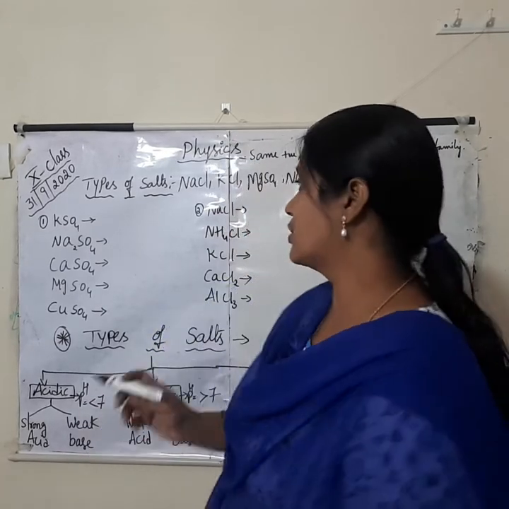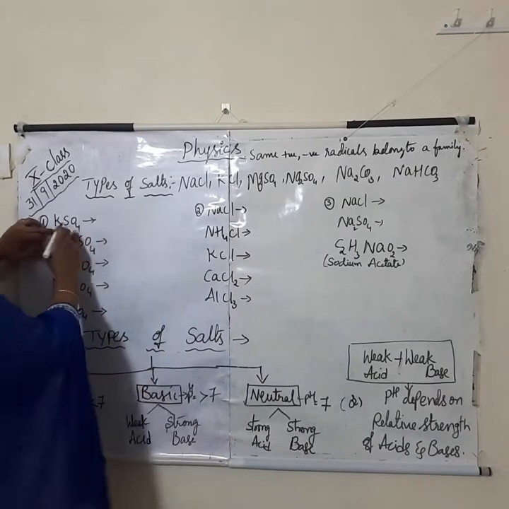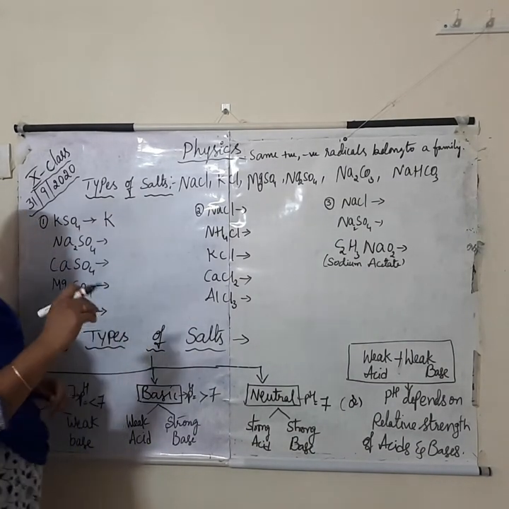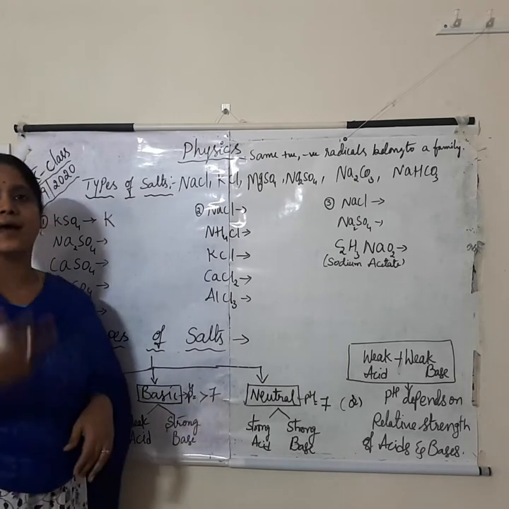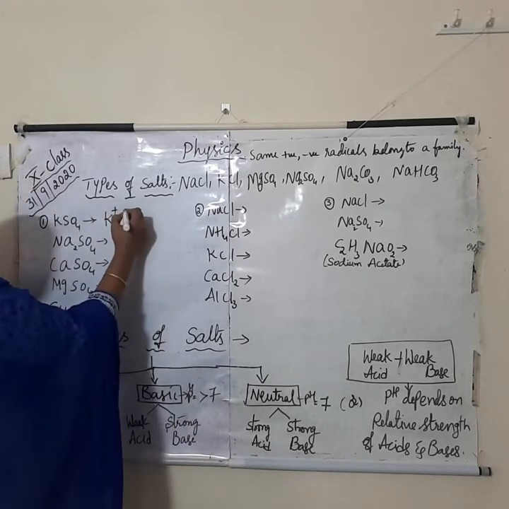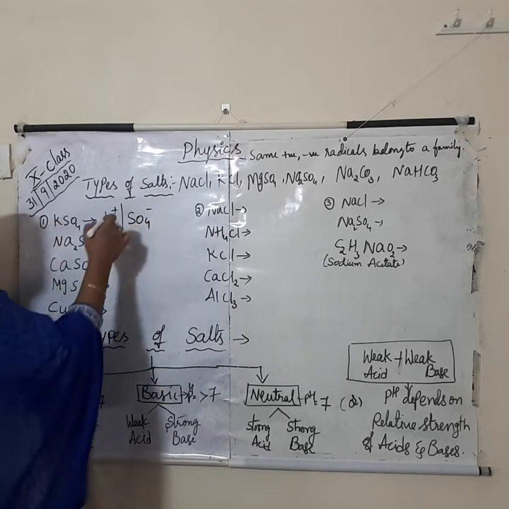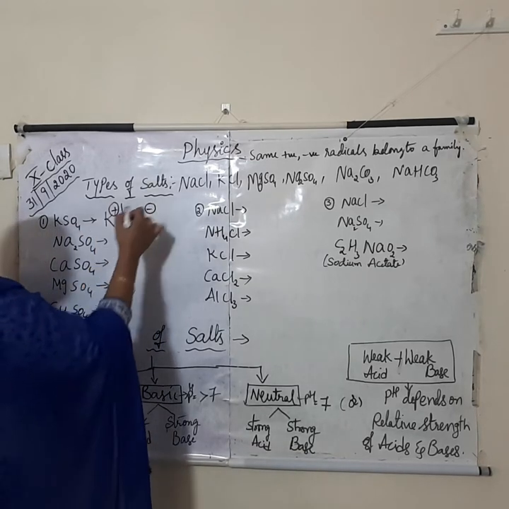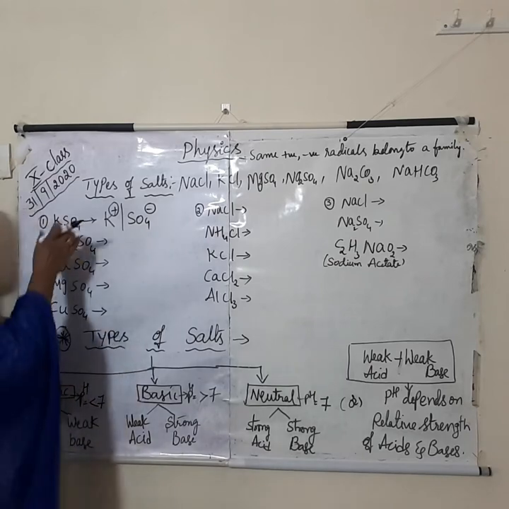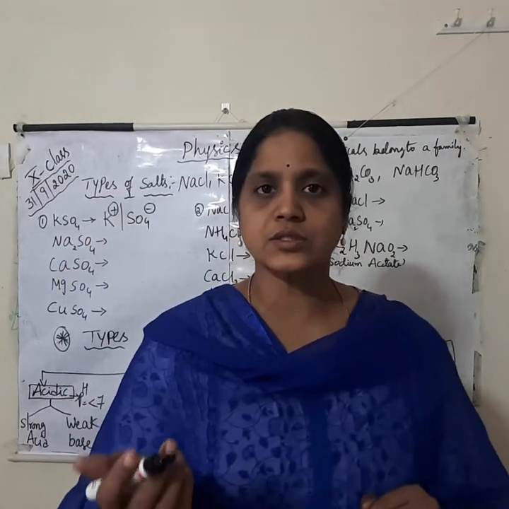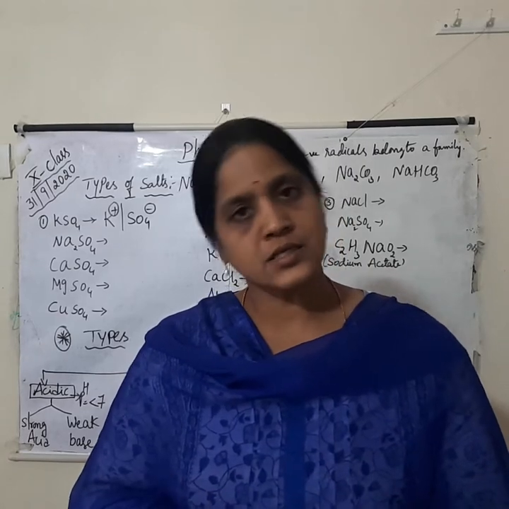For example, potassium sulfate is the combination of a cation and an anion: K plus and SO4 minus. So it has a positive and a negative ion. Salts are neutral and are a combination of cations and anions.